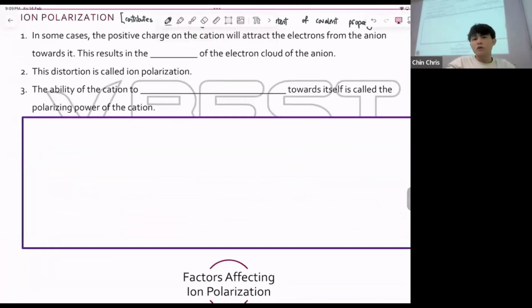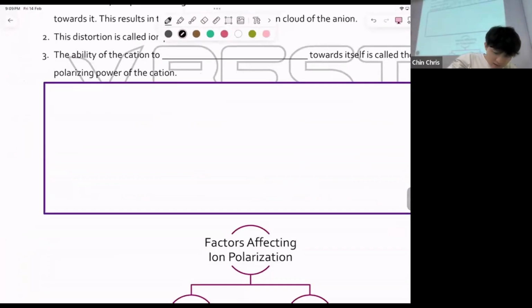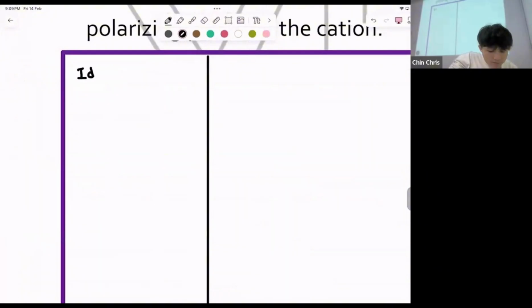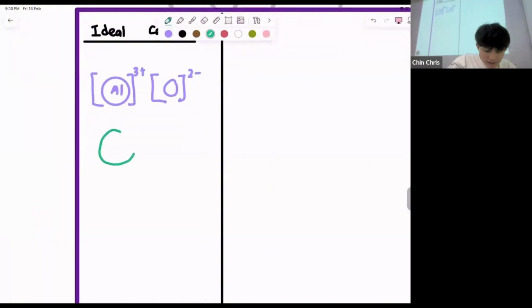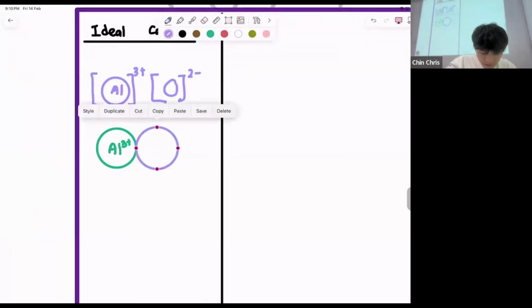I'll give you a diagram showing the difference between the ideal case and the actual case. In the ideal case, as we did in IGCSE and AS levels, if I put Al3+ and O2- next to each other, I can visualize them side by side, and you would think they are arranged like that.